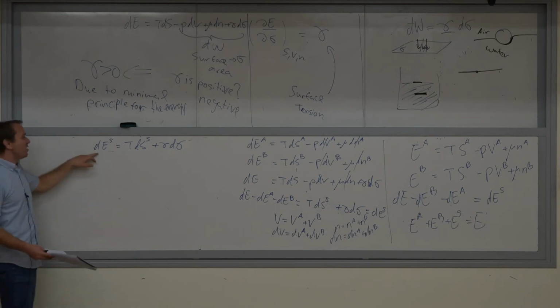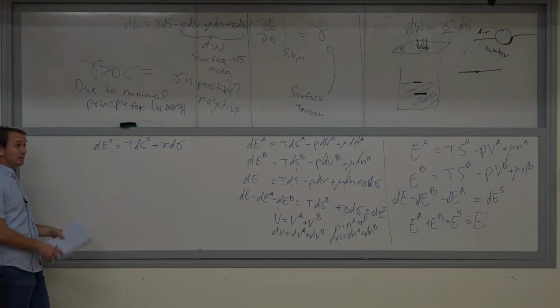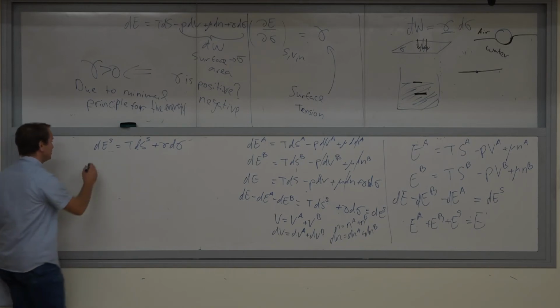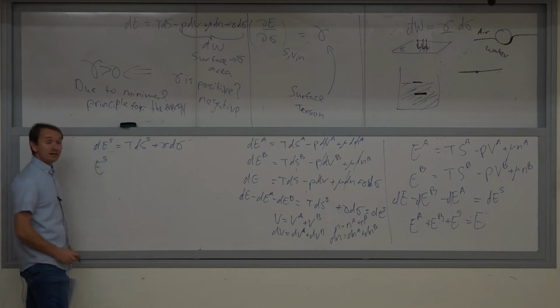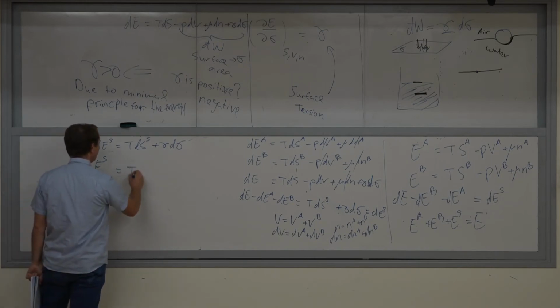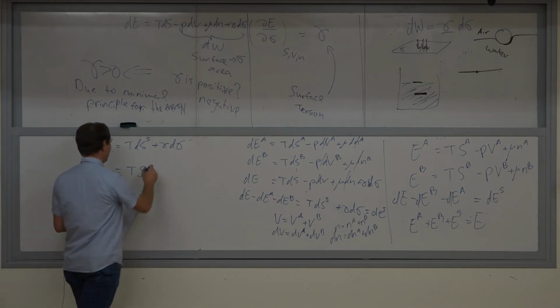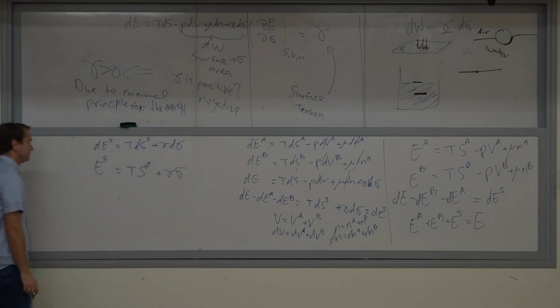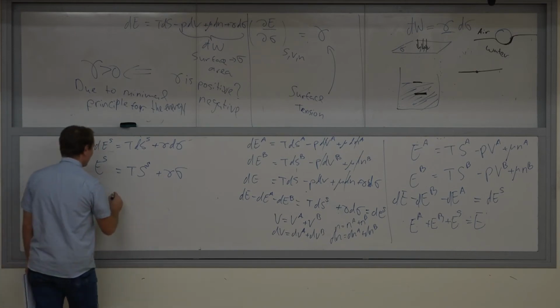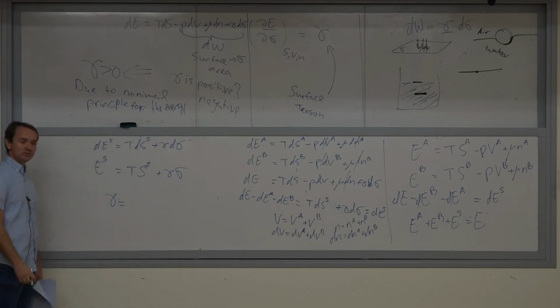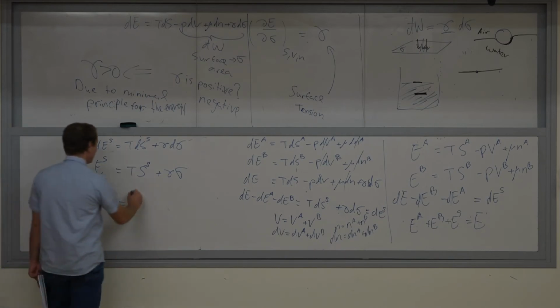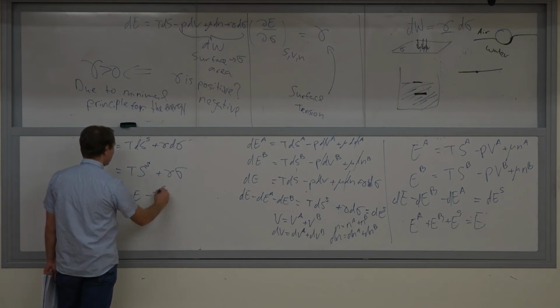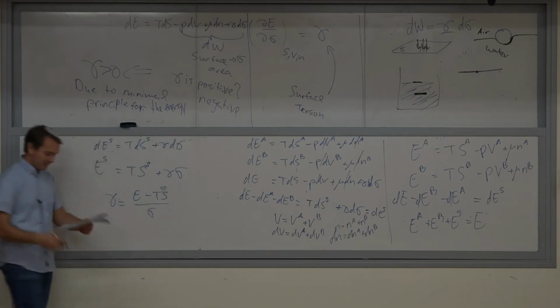Okay, so this is a homogeneous function. By applying the earlier first theorem for homogeneous functions, we know that the energy of the surface is temperature multiplied by the entropy of the surface plus gamma sigma. Okay? And from here we can obtain the value of the surface tension, which is E minus TS divided by sigma.